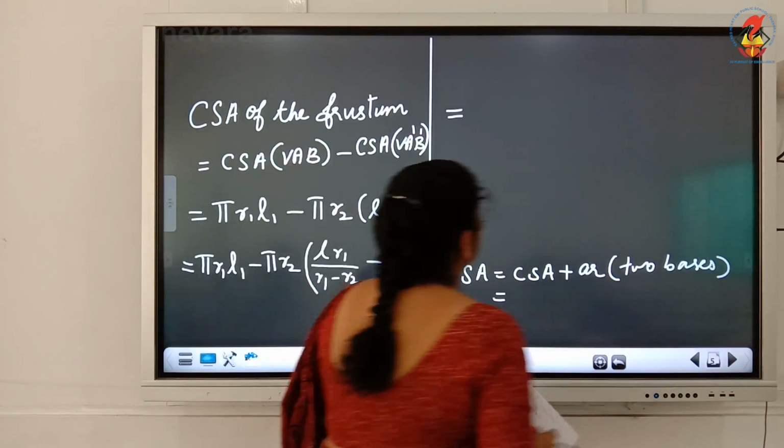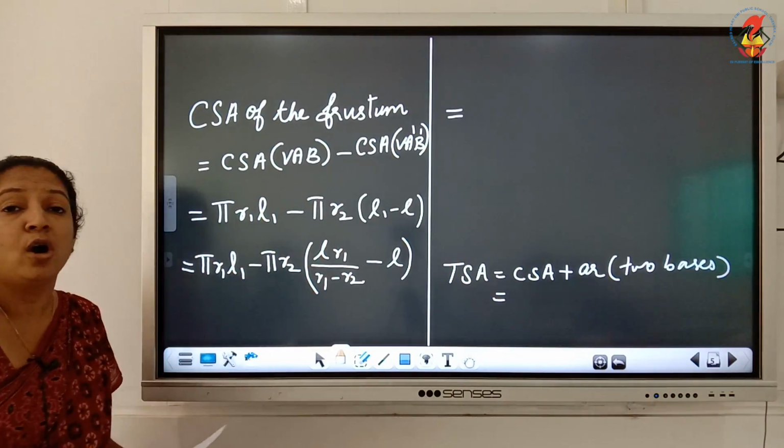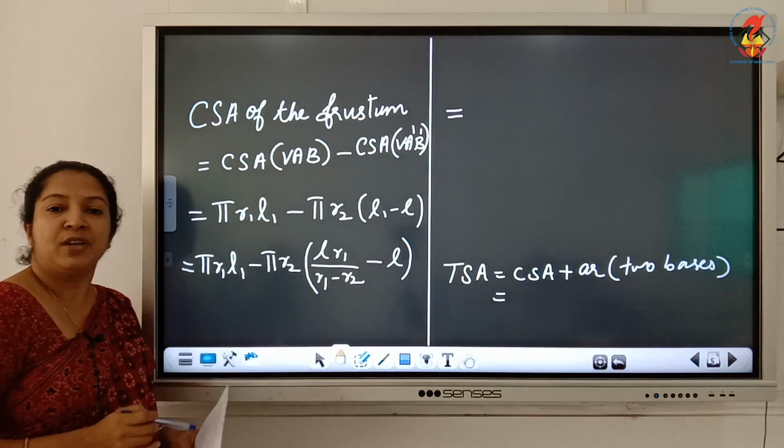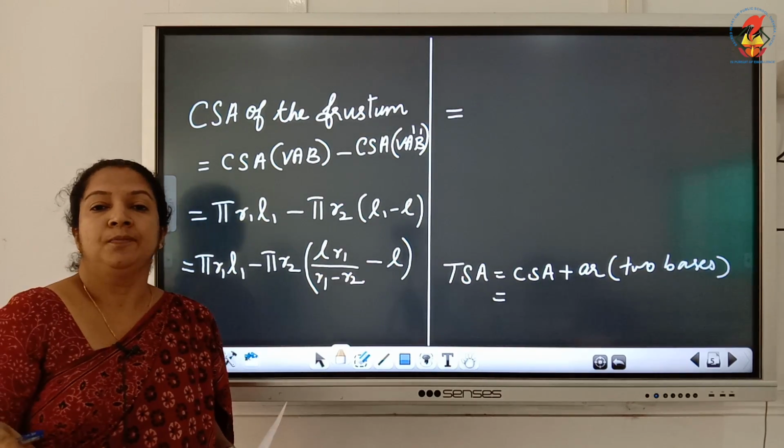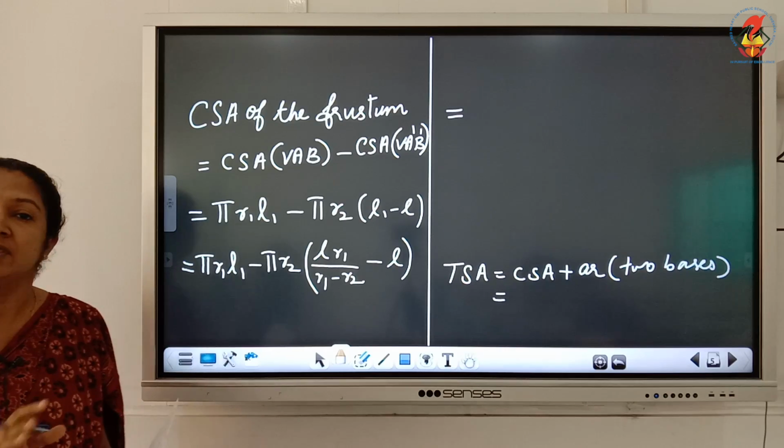Then we have to find the CSA of the frustum. CSA of the frustum means CSA of the larger cone minus CSA of the smaller cone.